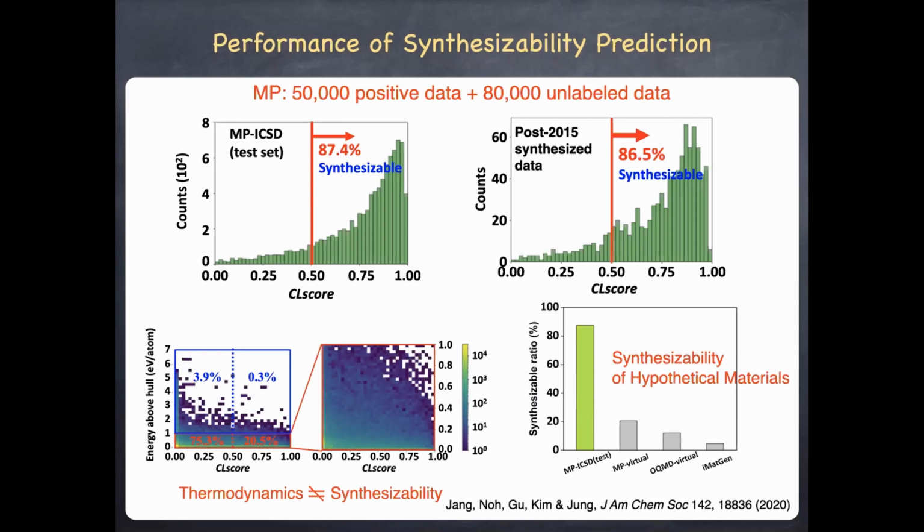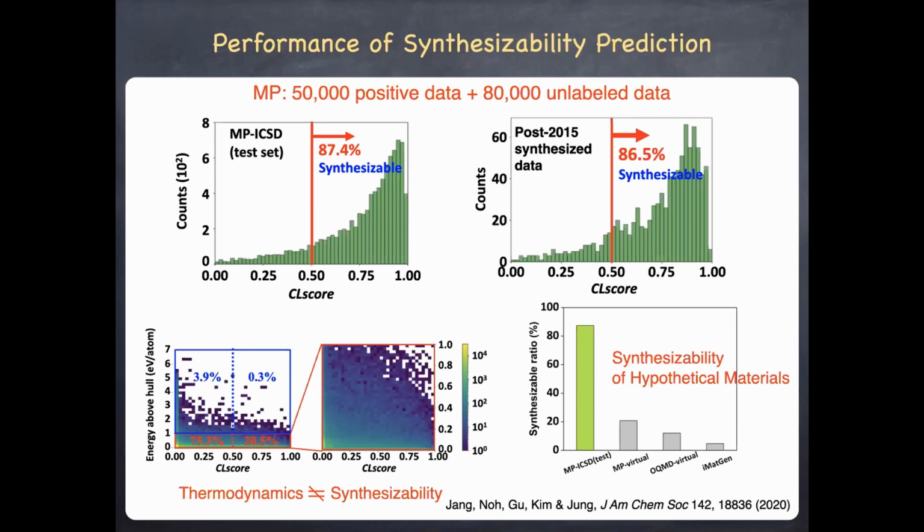One thing that we found quite interesting was the plot on the bottom left. You see the CL score, that's the score that we defined, namely crystal likeness score. Any material with crystal likeness score beyond 0.5 is synthesizable in our model.